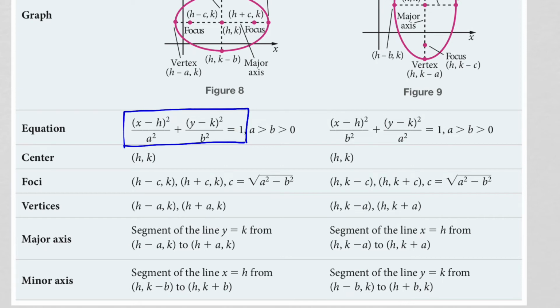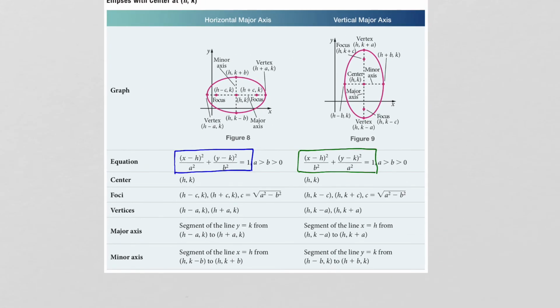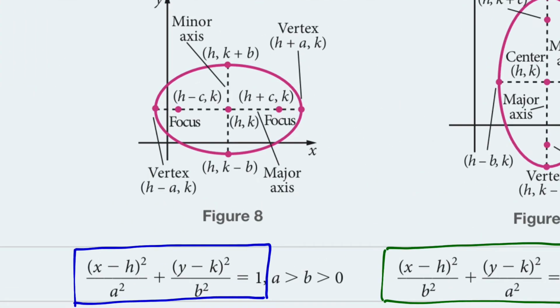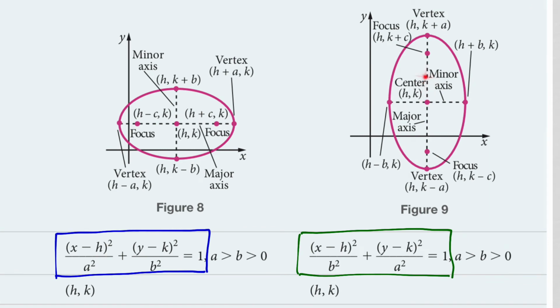And if it is a vertically situated ellipse, you get the same kind of thing. The only difference is now the larger number a is under the y variable instead of under the x variable. Everything else is exactly the same. So to get the focus, we go c units to the right and to the left of the center, or in this case over here, we go c units up or c units down.